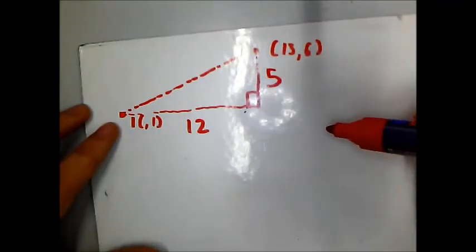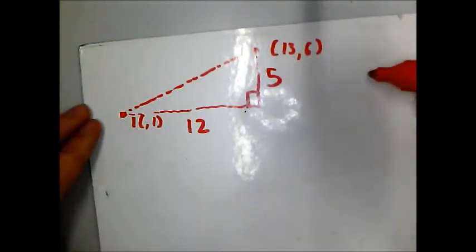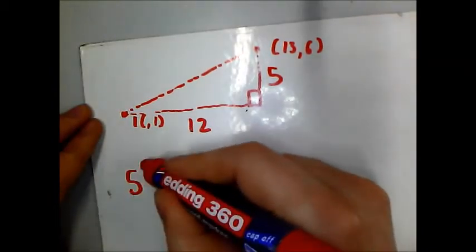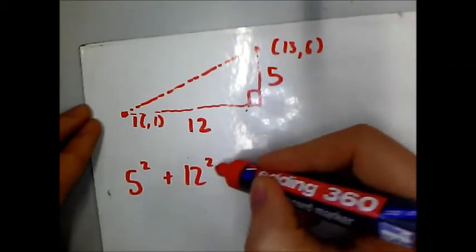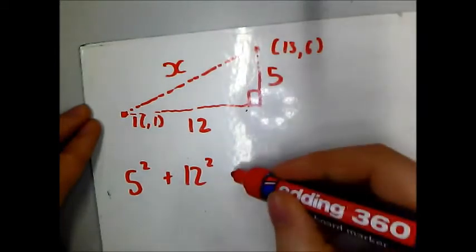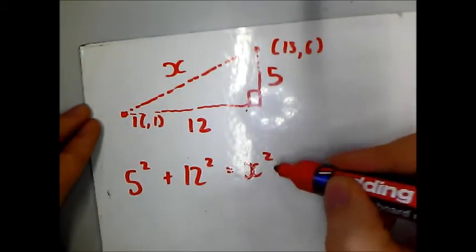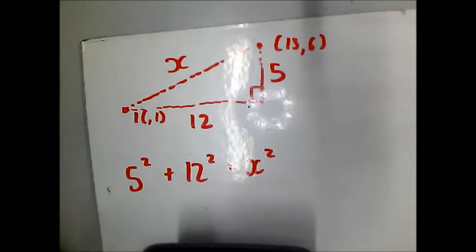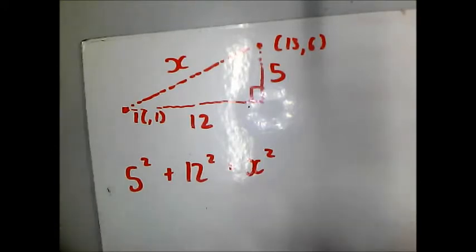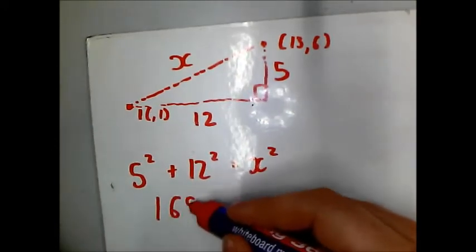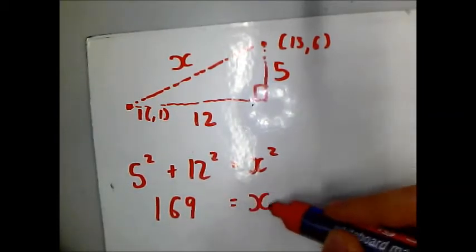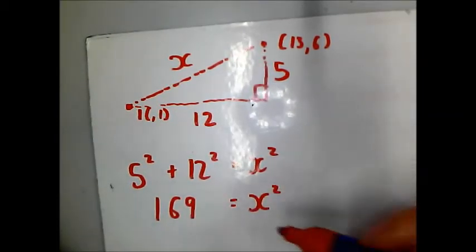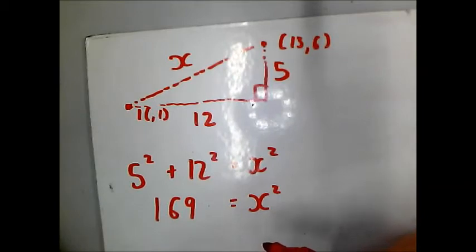So I know 5 squared plus 12 squared, I'm going to label this side x, equals x squared. Using my calculator, 5 squared plus 12 squared equals 169, equals x squared. So now I square root this to get my value of x, and I get 13.